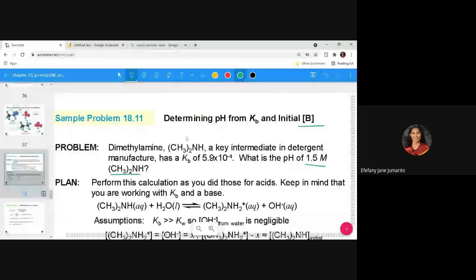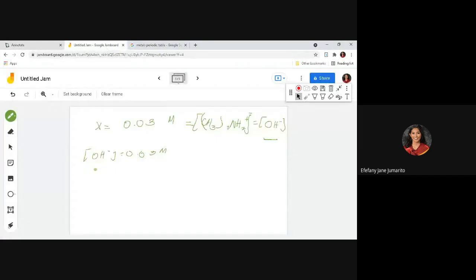Now, we are asked for the pH. We know that pH is equal to negative log of H3O plus. But what we got is OH minus, because this is a base.